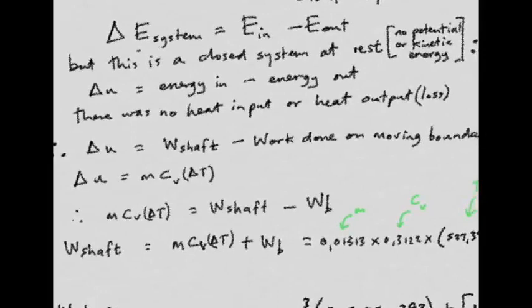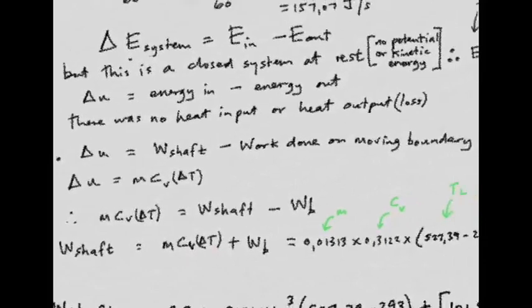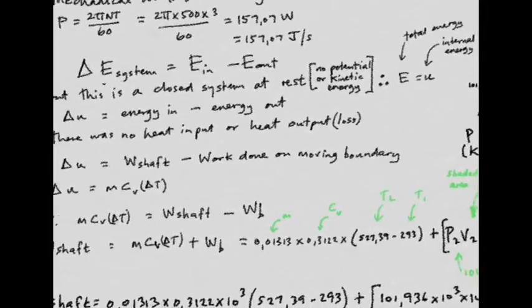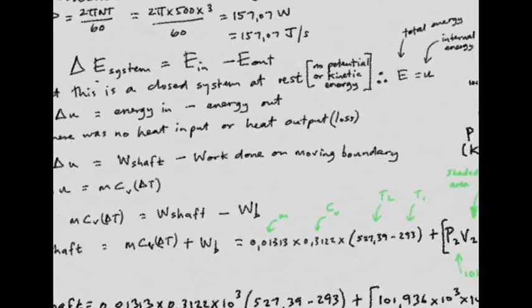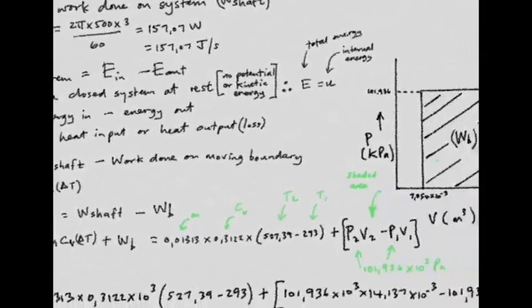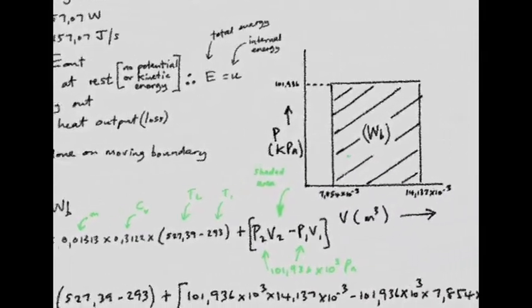So work done by the shaft is therefore equal to mCv delta T plus work done on the boundary, if you rearrange that slightly. Now for the variables, mass we have, Cv we have, and here's the change in temperature. Remember, it must go in as Kelvin, 527.39 minus 293. And then the work done on the boundary we've got to talk about.